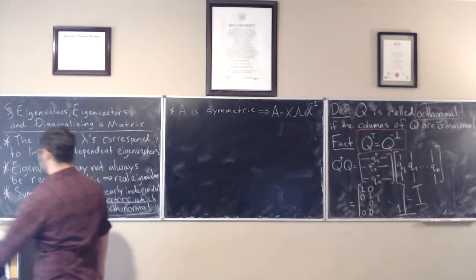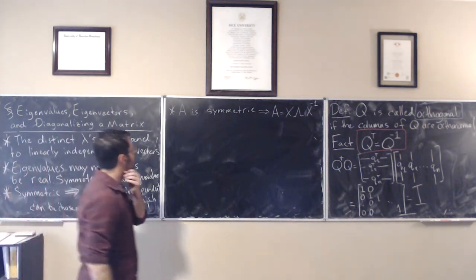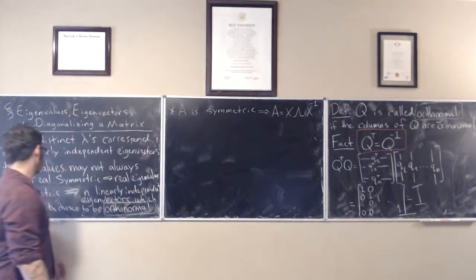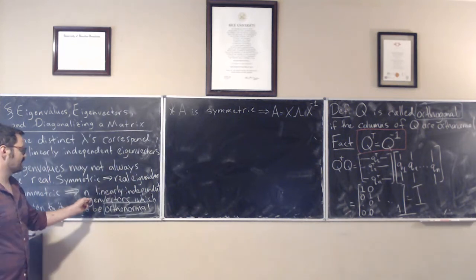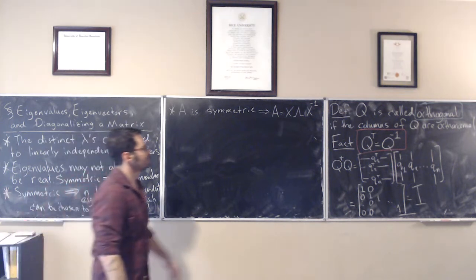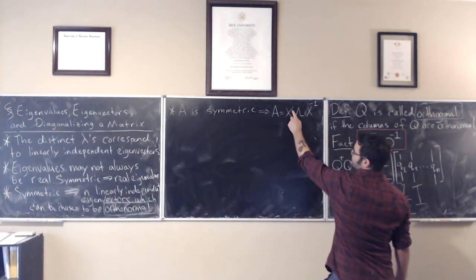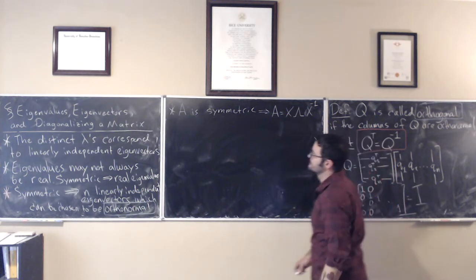Right, that was the big factorization. Now, since it's symmetric, we are able to pick the eigenvectors to be orthonormal. So we can make that matrix X into a Q, an orthonormal matrix.